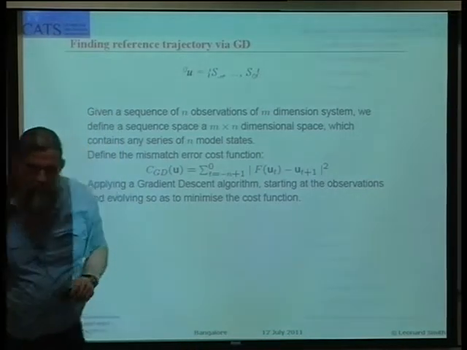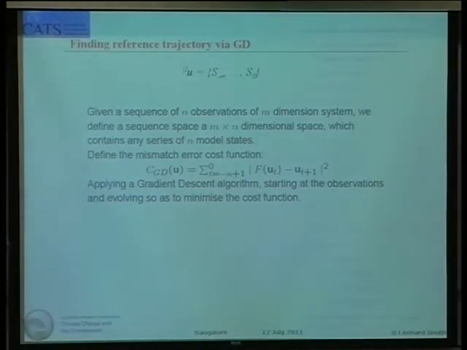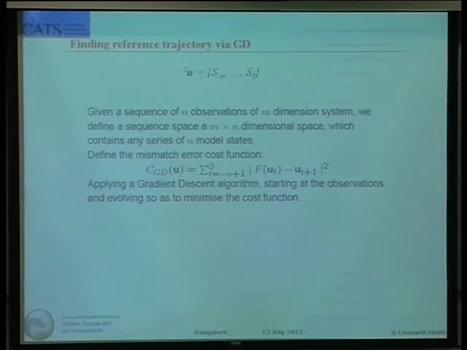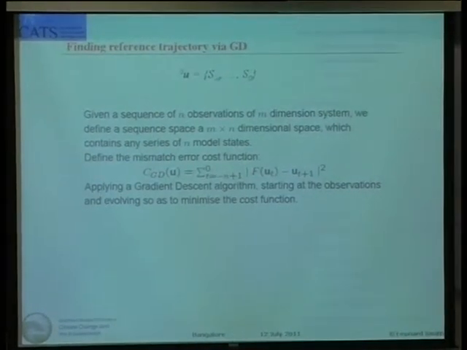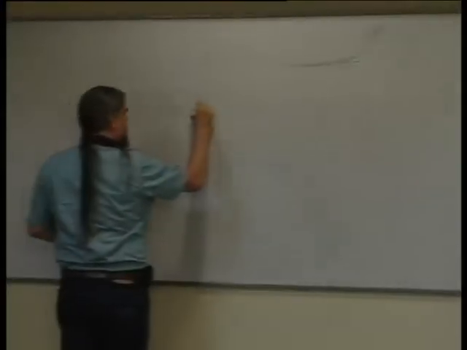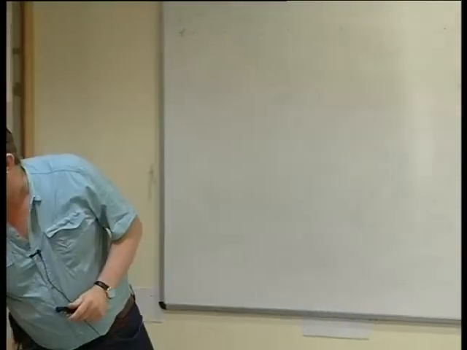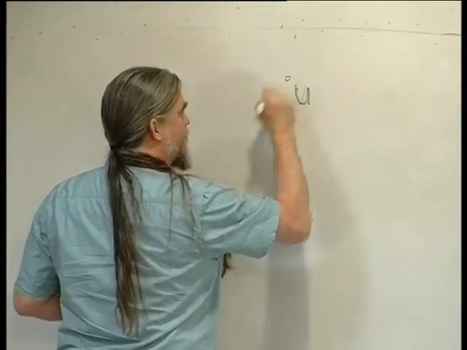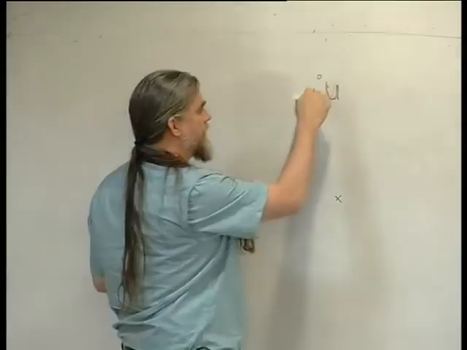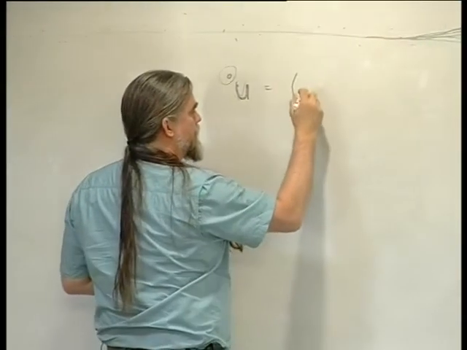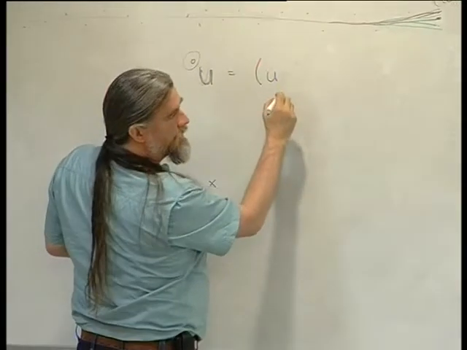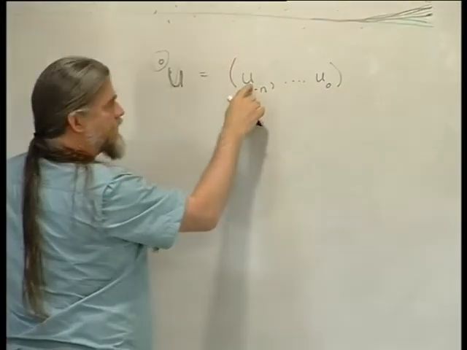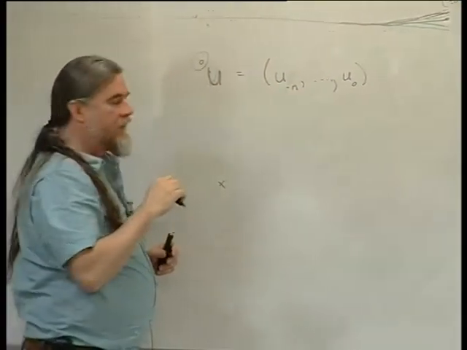Why are you taking two different times in the difference? So I'm using t and t plus 1. So let's say my big U, my heavy U with a pre-superscript, is equal to U minus n all the way up to U0. So these are vectors.